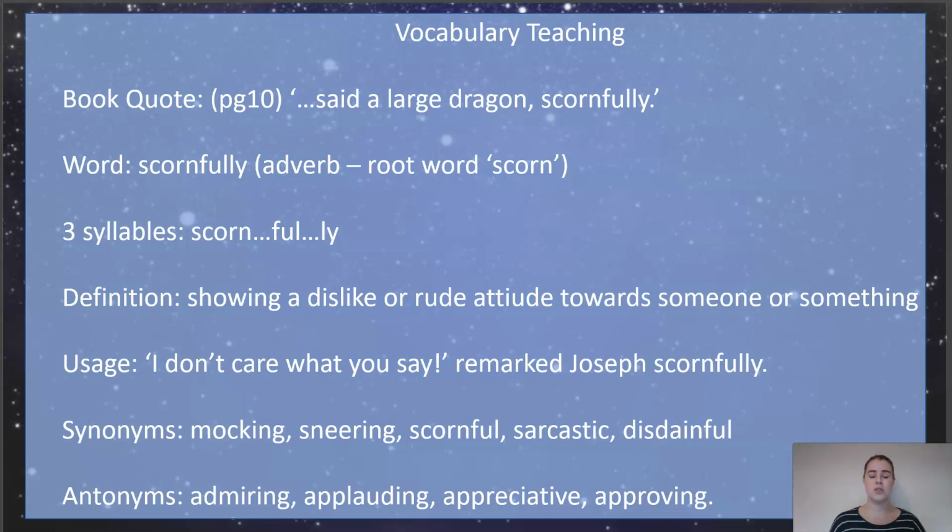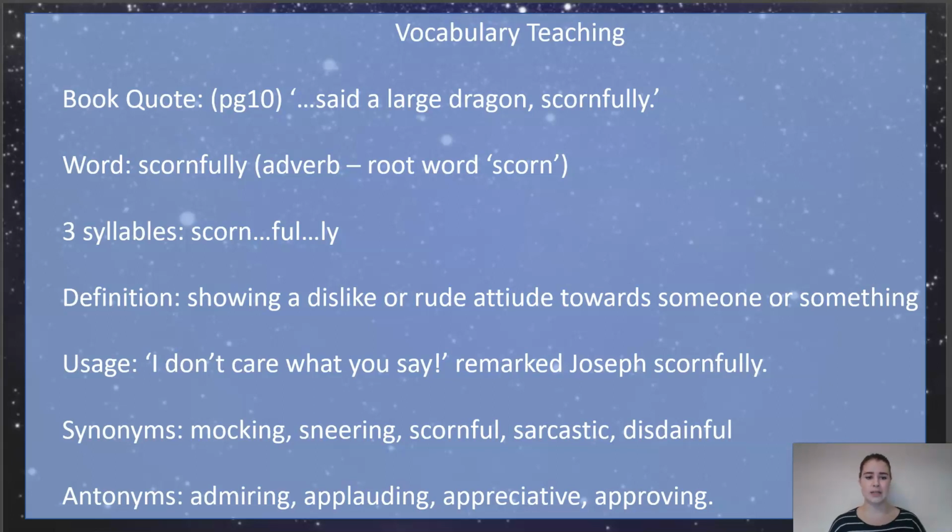Now, to be scornful means to show a dislike or have a rude attitude towards someone or something. So let's put it into another sentence so you understand. I don't care what you say, remarked Joseph scornfully. So this is telling us how he said it. He said it in a rude manner, in a disgusting manner, maybe in a mocking manner.